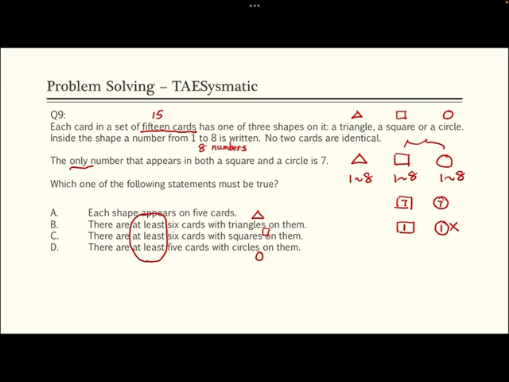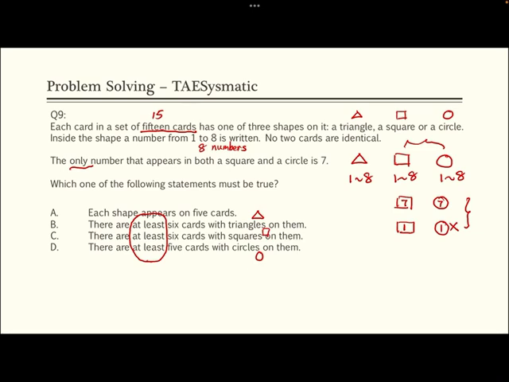All right, since we want to find at least how many cards on the different shape, from all this information, what can we find out? We only have 8 numbers in total.